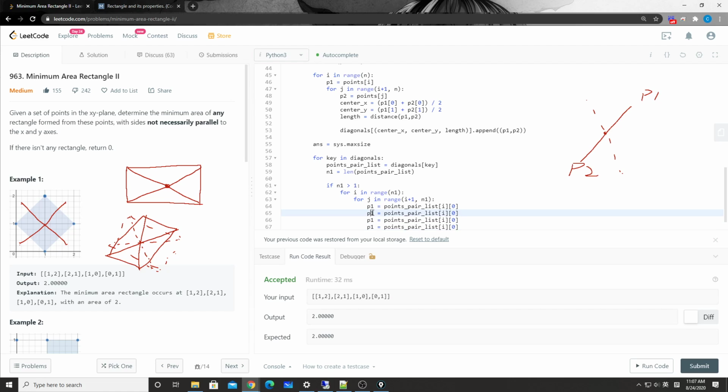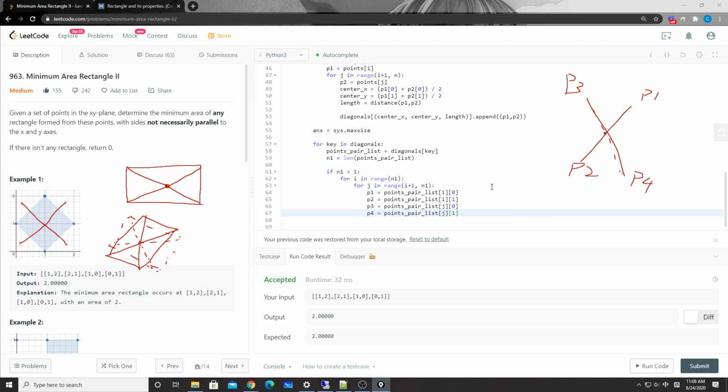P1 is i0, p2 is i1, p3 is j0, and p4 is j1. So basically this is p1, p2, and this is p3 and p4.